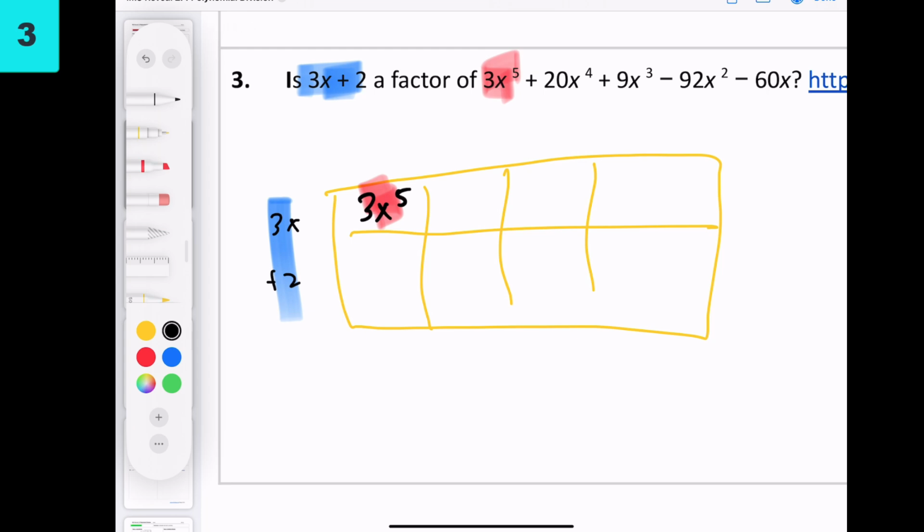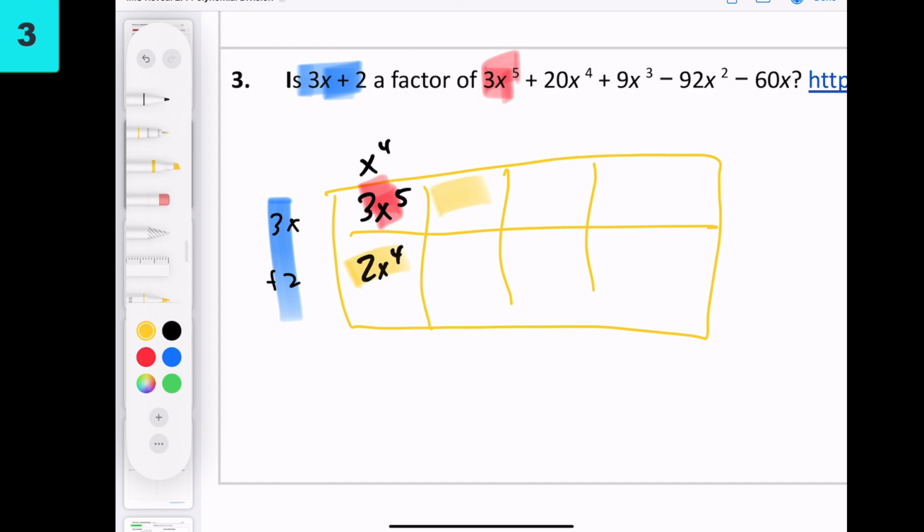Okay, something above it. So 3x on the left in blue times something on top equals 3x to the 5th. So this will just be x to the 4th. Because 3x times x to the 4th equals 3x to the 5th. X to the 4th times 2 will give me 2x to the 4th.